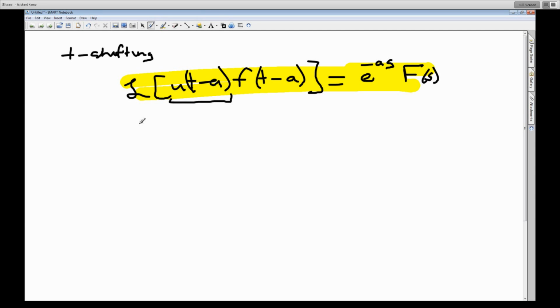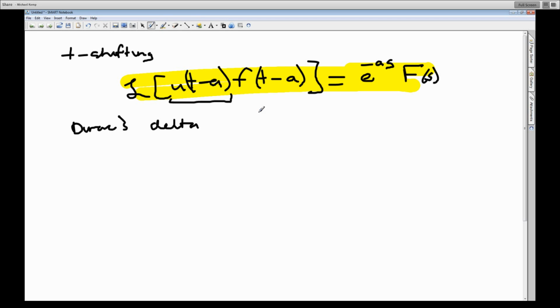So that's one thing. Another useful function is called the Dirac delta function. And I won't say function. It's not really a function, as you'll see in a second. I'll give some properties first, and then I'll draw it.